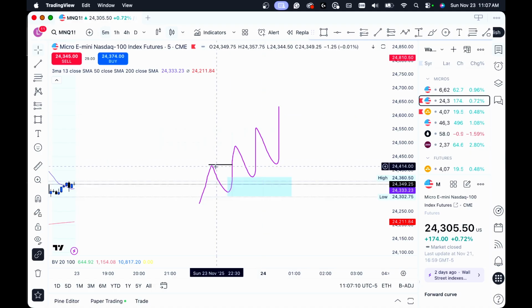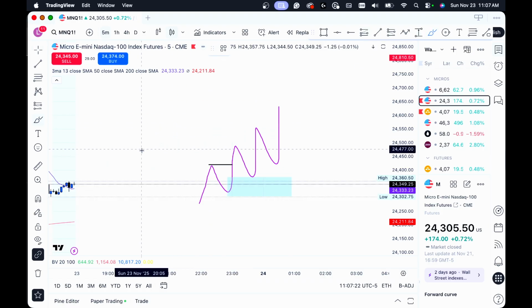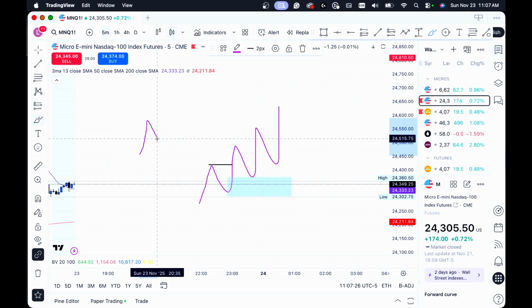But before you draw your demand zone or any zone, you need to wait for the break of structure, fam. You don't draw a demand zone on a higher low. Higher low, higher high, higher low, this is not a break of structure.